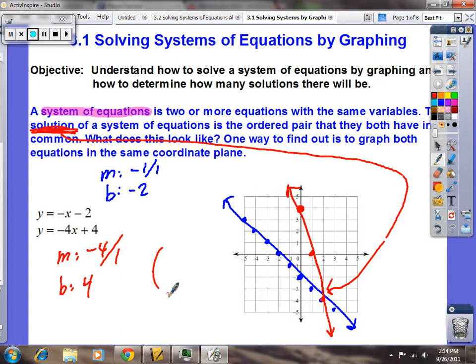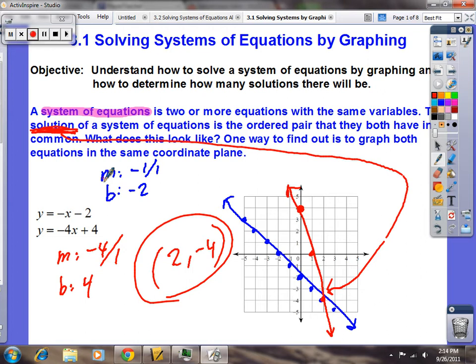I go over 2, down 4. That is your answer right there. That's the answer to your system, which is the exact opposite of the y-intercepts. That's kind of weird. It's a coincidence. The ordered pair is the exact opposite of the y-intercepts.